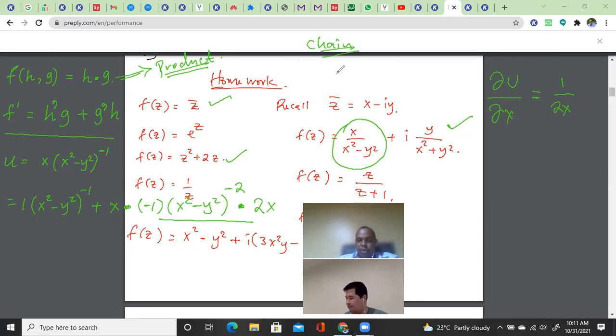It says that if you have a function of another function, and you want to find the derivative of this whole function, you can find the derivative of the first function with respect to the second function, multiplied by the derivative of the second function.